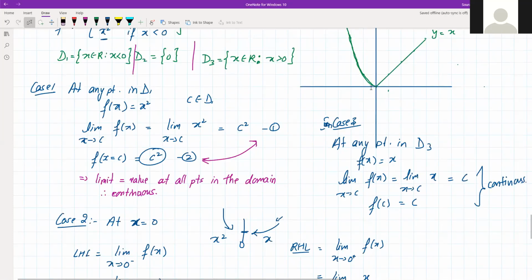The only thing is we should be able to draw their graph, and we should be able to write it in a systematic way, the way people expect us to write. Otherwise there is nothing so difficult here, and it's actually a very easy concept.